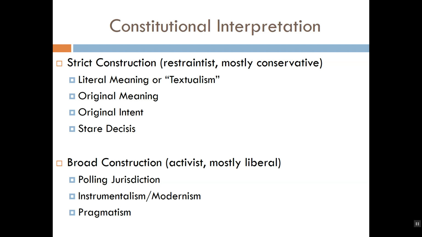But we also have another strict interpretation of the Constitution called original meaning, which is similar to textualism, but says that instead of focusing on the literal meaning of the words in the Constitution based on the laws of language and grammar today, we need to apply the laws of English that existed at the time that the Constitution was written.